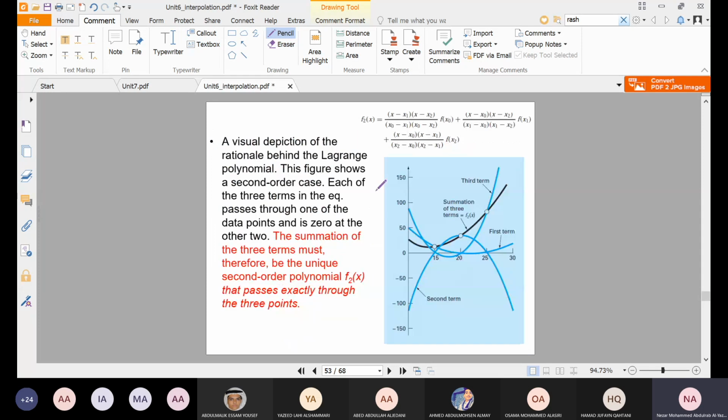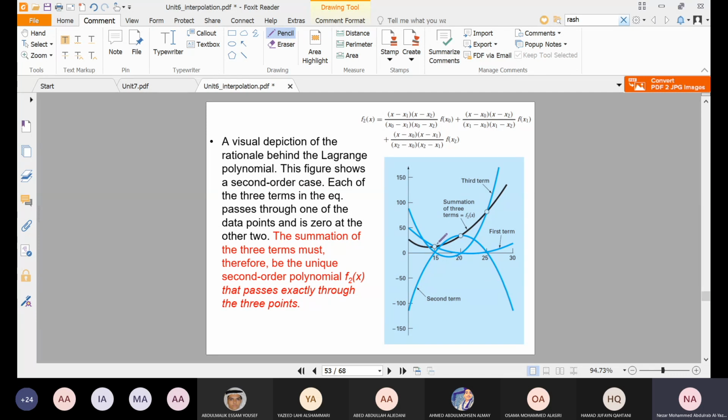Okay, so if we look at this graph, it represents the polynomial that we have. When we use only the first term, this is the estimation of the first term, and it crosses only one data point. When you use the second term, it crosses a single data point.